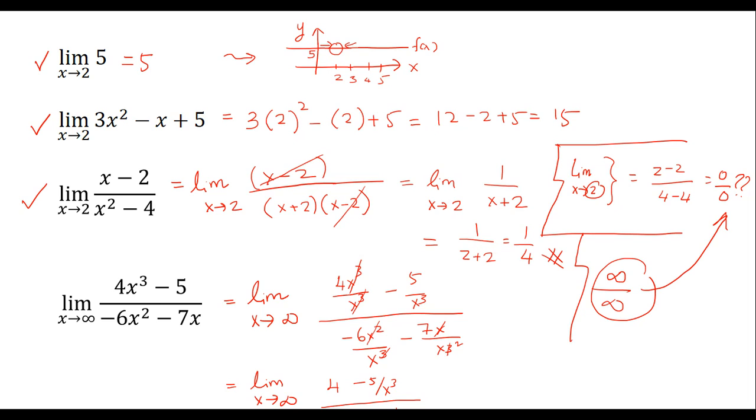In this case, you can see over here, if we have a large value at the bottom, we can assume the value now becomes 0. Once you have a denominator which is very large, the whole value becomes infinitesimally small. So you make full use of that idea, meaning that this value will go to 0, this value will go to 0, this value also will go to 0. And then you are left now with 4.